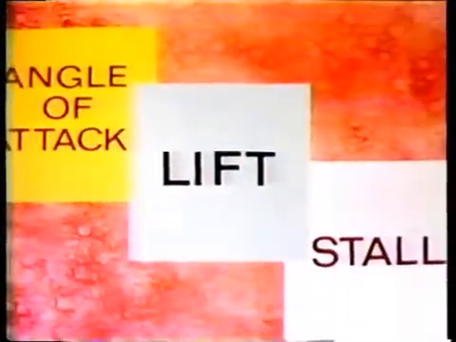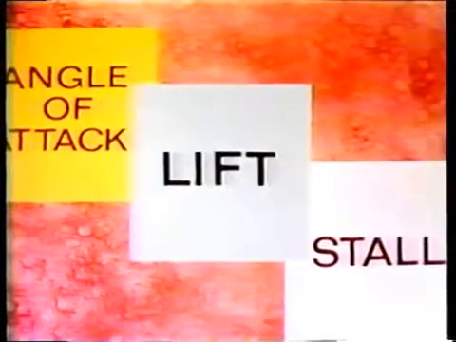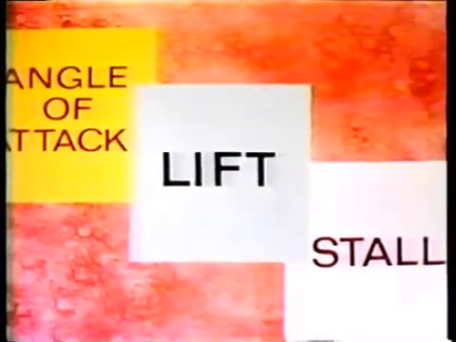The three aerodynamic principles we've just seen, lift, angle of attack, and stall, are so important we ought to put tags on them. This symbol might serve to remind us of the principle of lift. Lift is the flying principle that, as air is accelerated over an airfoil, it reduces pressure and thus overcomes weight.